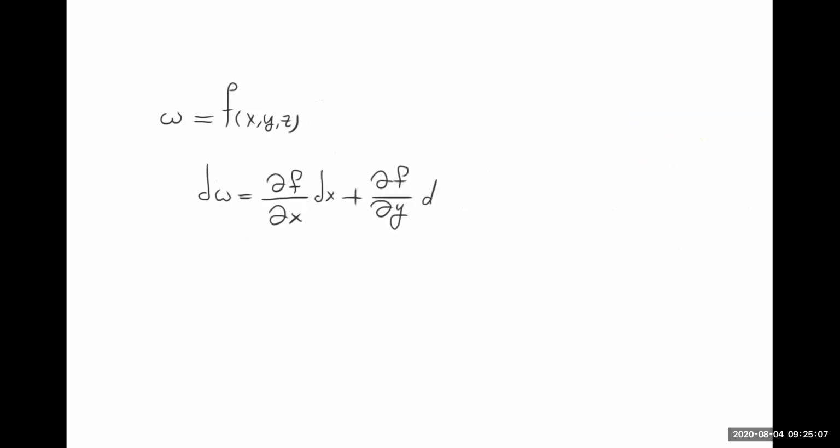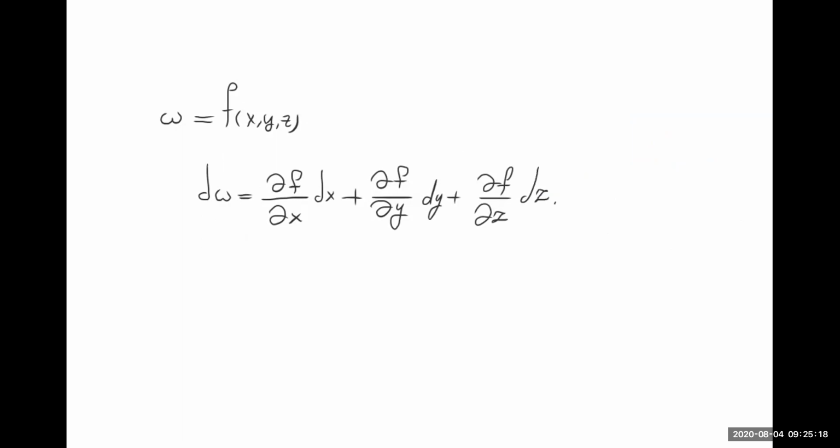So for example, if you have a three-dimensional example, say f of x, y, and z, we have such a function. I can define that to be equal to w. dw would be equal to partial derivative of f with respect to x dx plus partial derivative of f with respect to y dy plus partial derivative of f with respect to z dz.